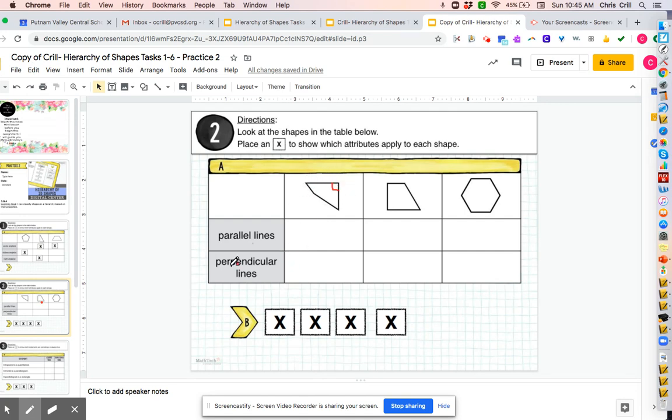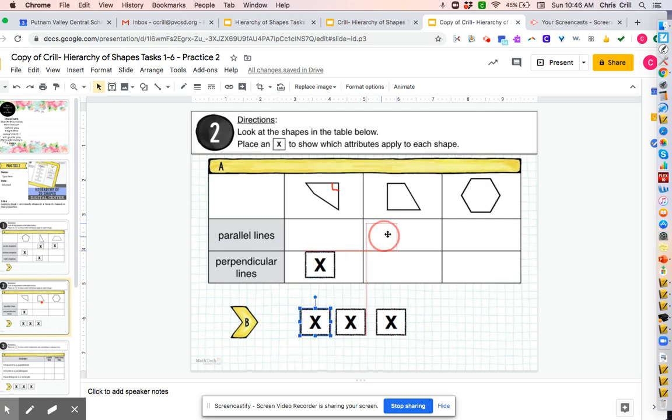This shape has no parallel lines. So it is just a quadrilateral. There are no parallel lines there. But there is one pair of perpendicular sides. We look over here at this trapezoid, I see a parallel pair of sides there. And I also see two right angles.